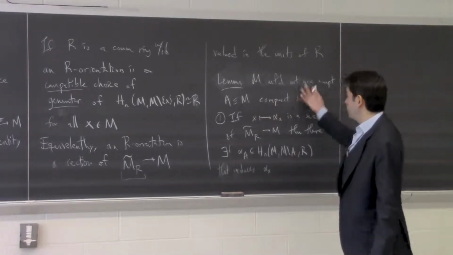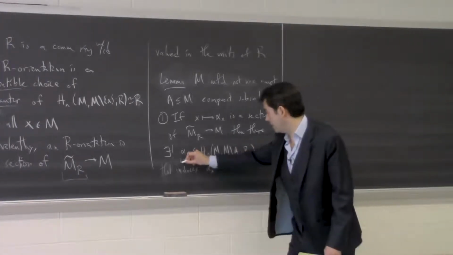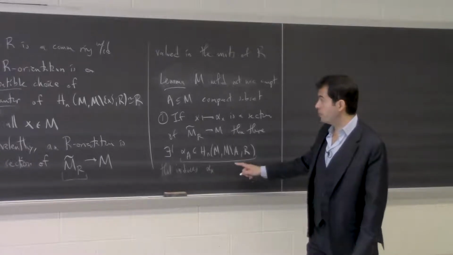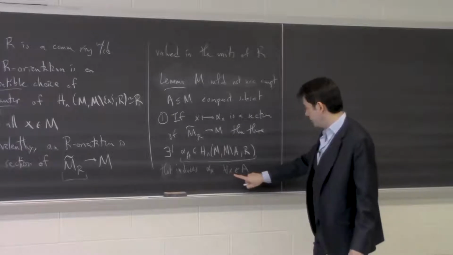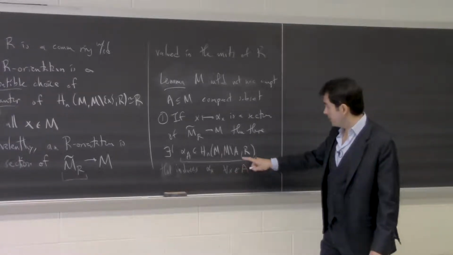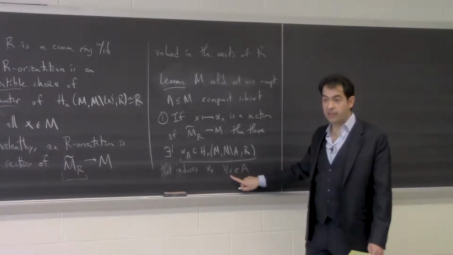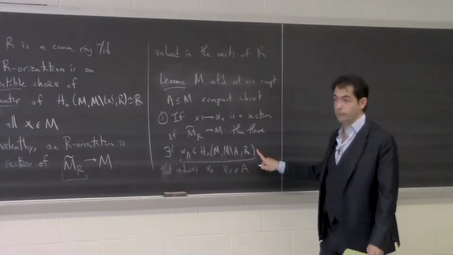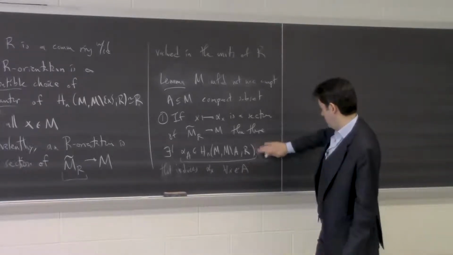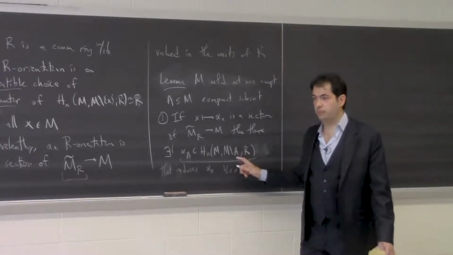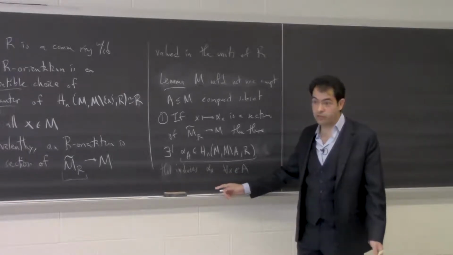So this is what I was about to put as a way of obtaining a section. If you have an element in here, then for every point x inside A, I can look at the local homology at that point x, and it receives a map from this ring, just by the inclusion map.